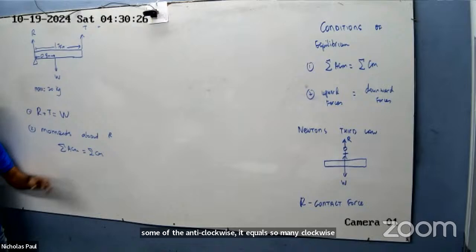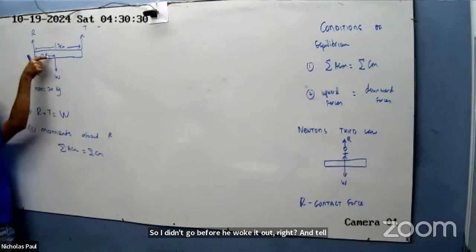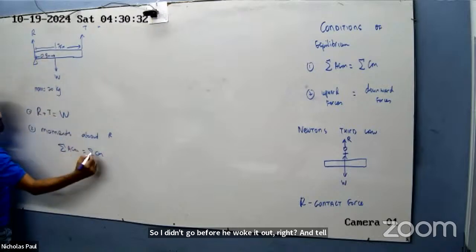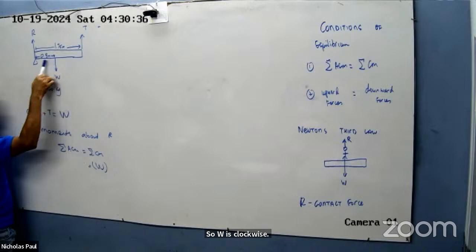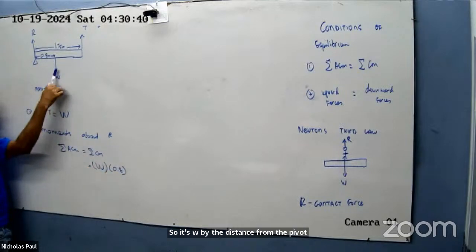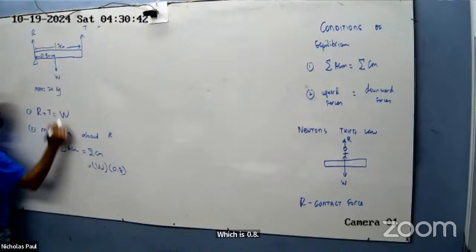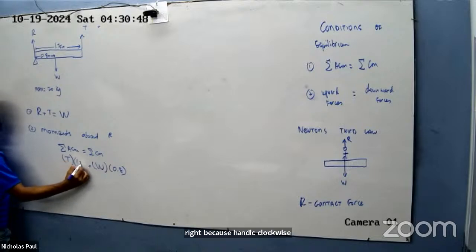So write the law before you work it out, and tell them where the pivot is. So W is clockwise, so it's W by the distance from the pivot, which is 0.8. Anti-clockwise is T by 1.75.